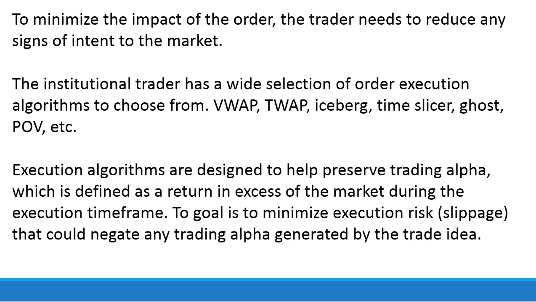Execution algorithms are designed to preserve trading alpha. Trading alpha is defined as return in excess of the market during the execution time frame. The goal is to minimize execution risk and slippage that could negate the trading alpha generated by the trade idea. Traders are measured, but their alpha, their return, is how they make their money.